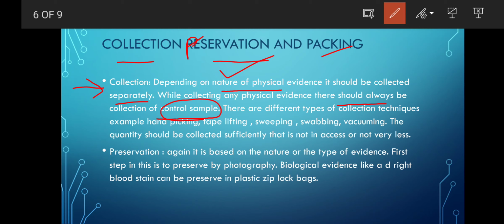The burnt part will be our evidence and the unburnt part will be considered the control sample. Like in a fire arson case, in that room there will be a sofa. If the sofa is half burnt, we take a small portion from the burnt part, which is considered the evidence, and the sample we collect from the unburnt part is known as the control sample.